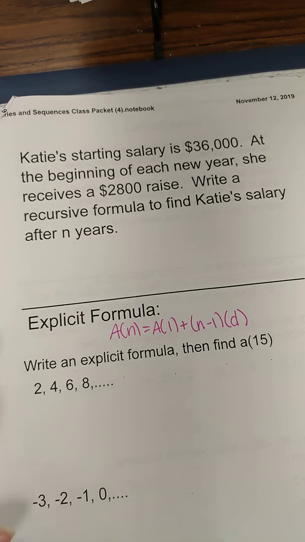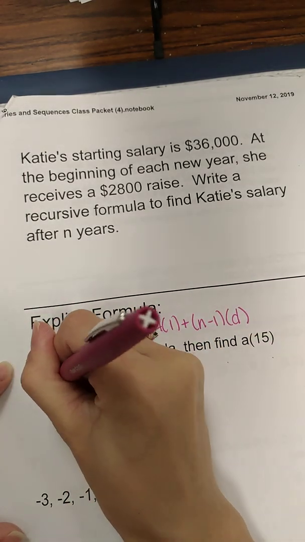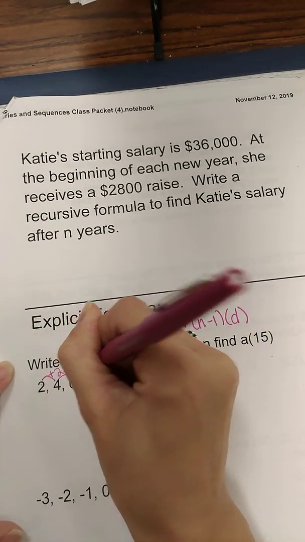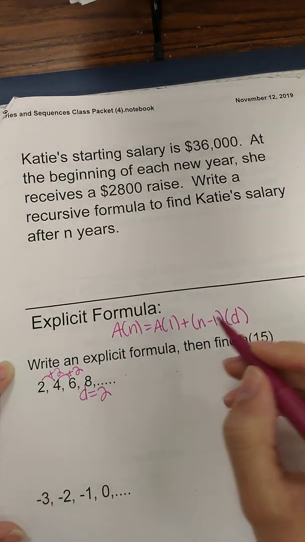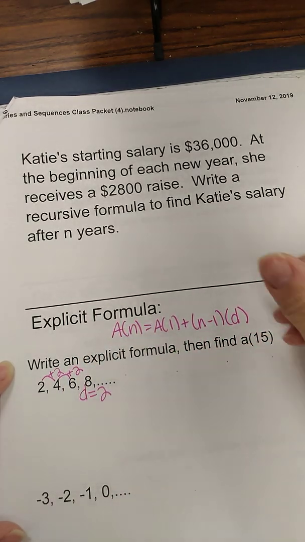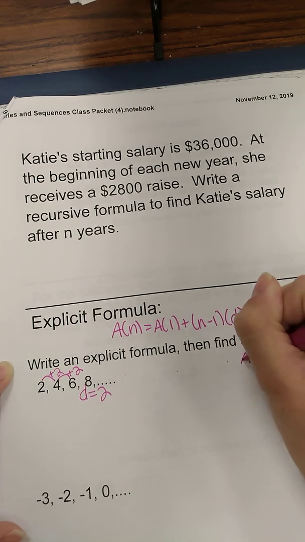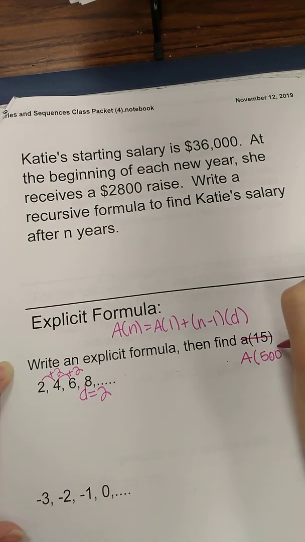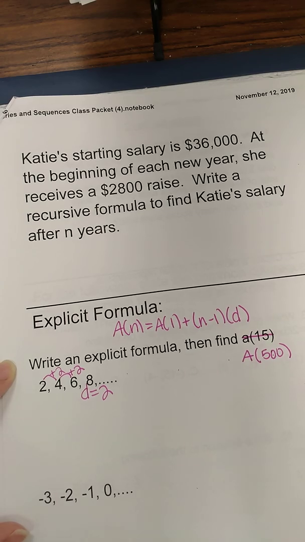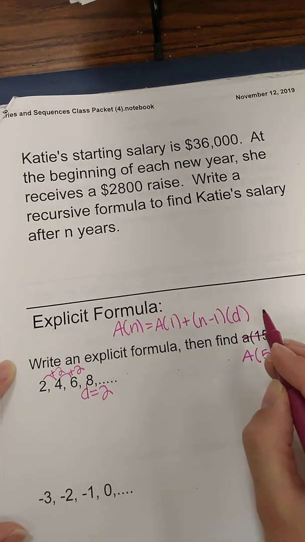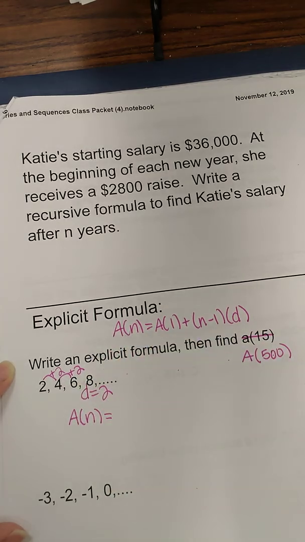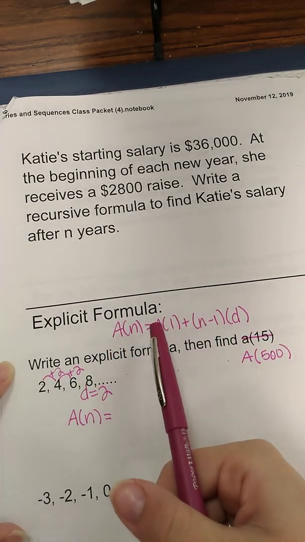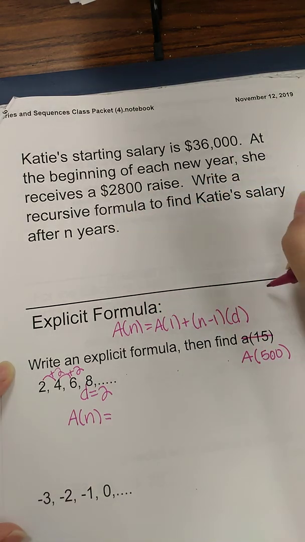So for example, this one is arithmetic because I'm adding 2. So my common difference would be 2. And I'm going to use this formula to find, let's say, not A of 15, let's say A of 500. So first I need to set up my formula. It's going to start off as A of n equals A of 1. This is function notation.